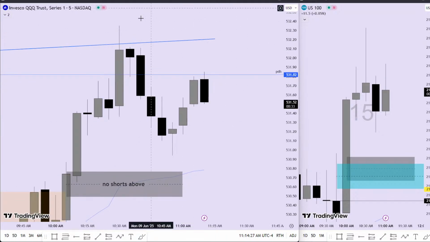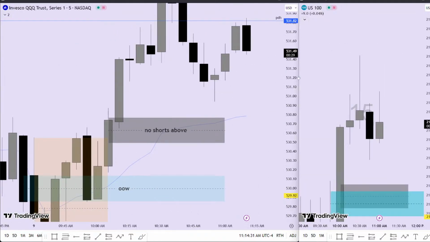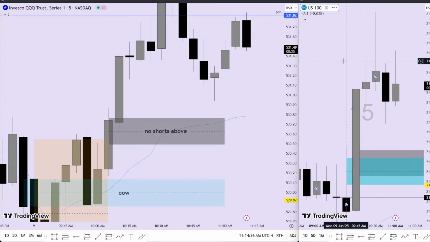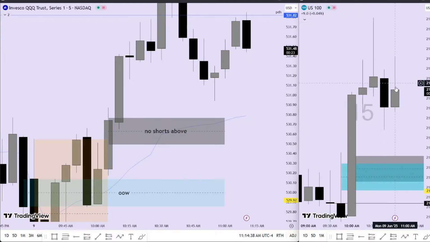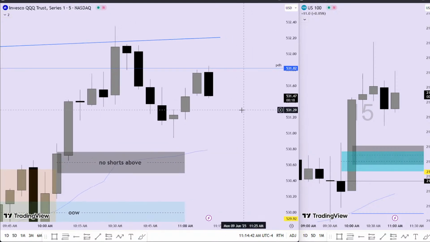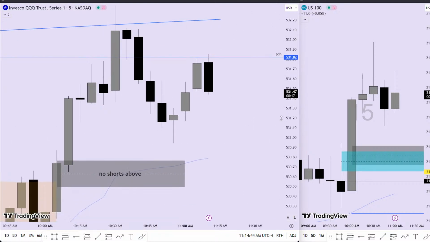So it's transitioning into a trading range. Okay. This is a very high probability that we are going to close this gap.